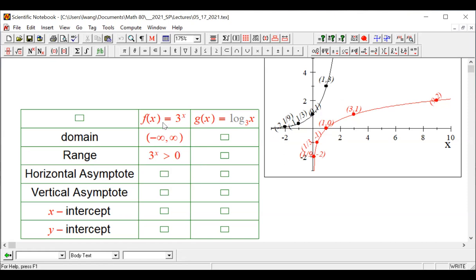The horizontal asymptote for 3 to the power x is y equals 0, the x-axis.